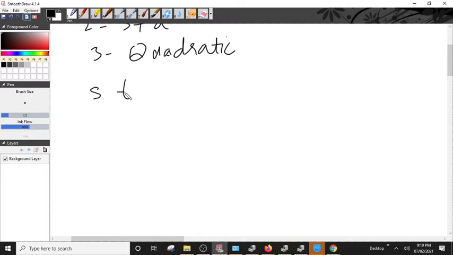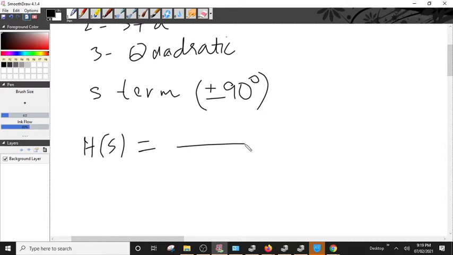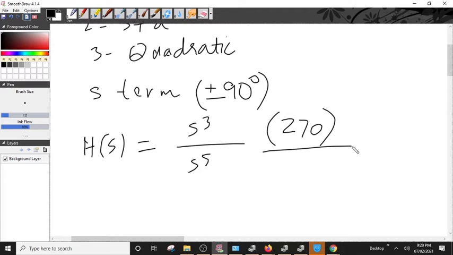So, the S term. One S term contributes plus or minus 90 degrees. Suppose we have the transfer function H of s equal to s cubed by s to the fifth. There are three zeros at origin, so 90 plus 90 plus 90, we'll have 270 here, divided by s to the fifth, so 5 times 90, which is 450, and they are negative because they are poles, right?